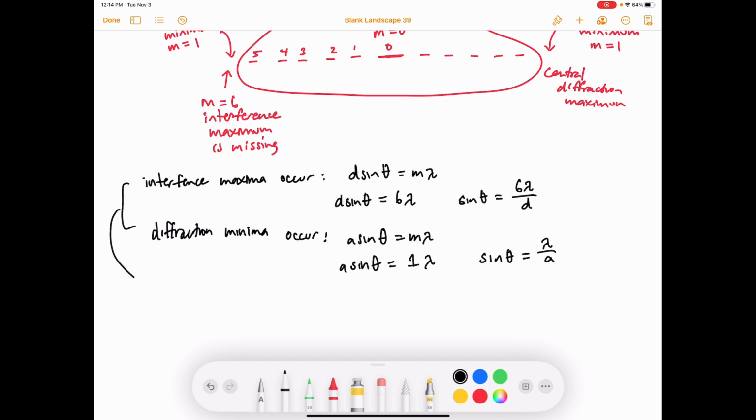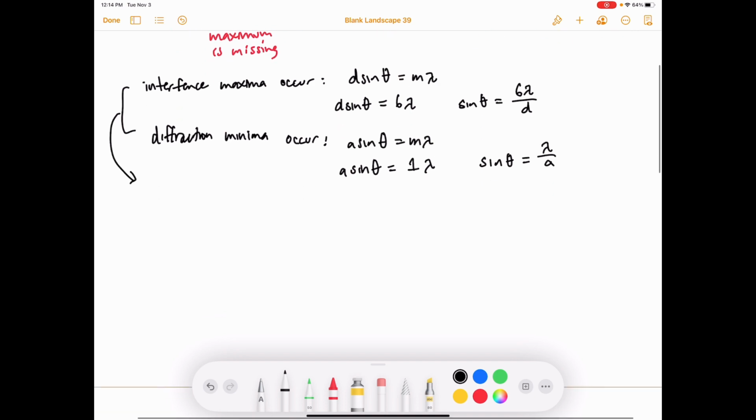So here's how we solve for a. The m equals 1 diffraction minimum lines up with the m equals 6 interference maximum.